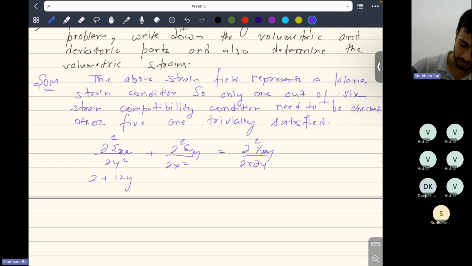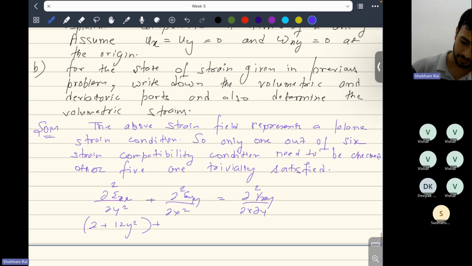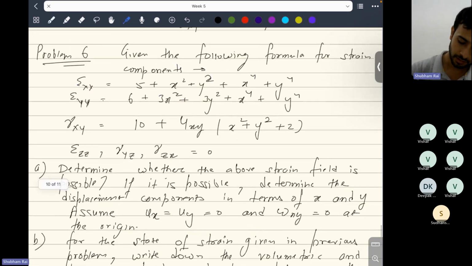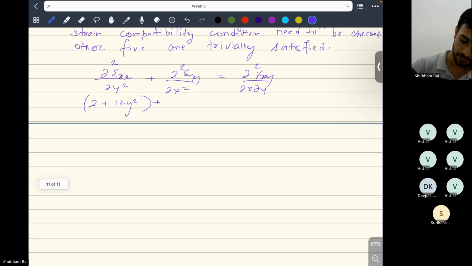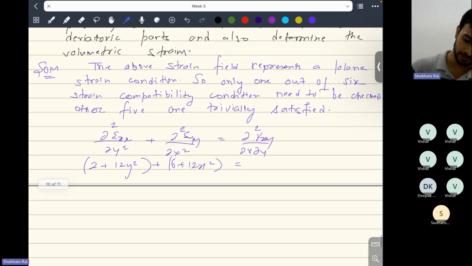2 plus 12y². The second term, if you differentiate this εyy with respect to x twice, the first time you'll get 6x plus 4x³, and if you differentiate twice, you'll get 6 plus 12x². So here also you get 6 plus 12x², and then you have to differentiate γxy with respect to x and y.